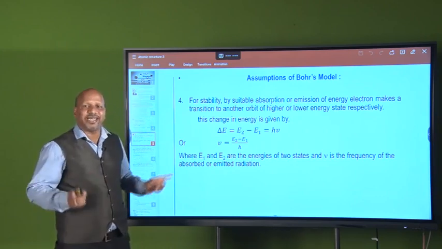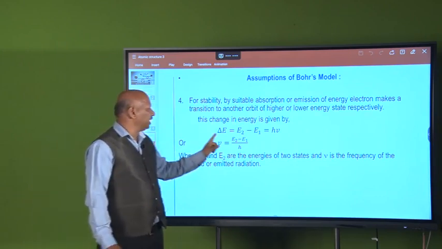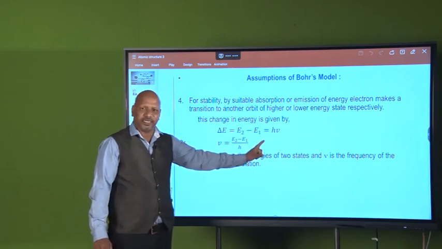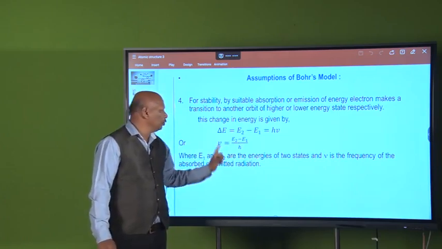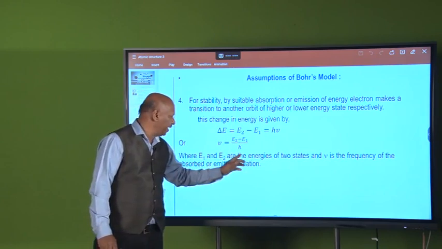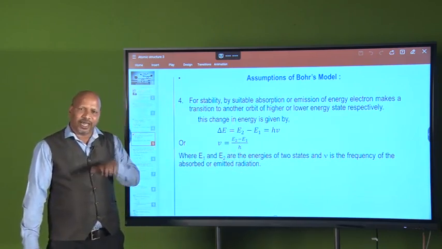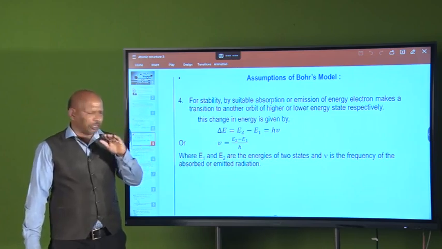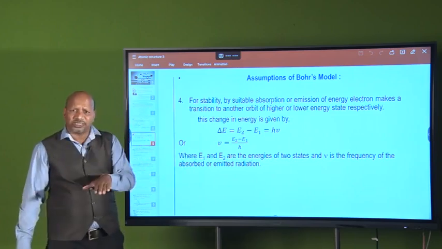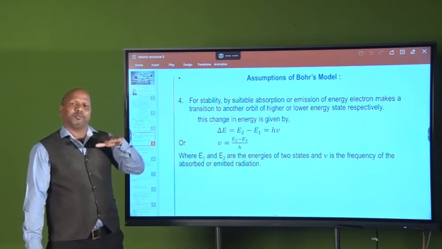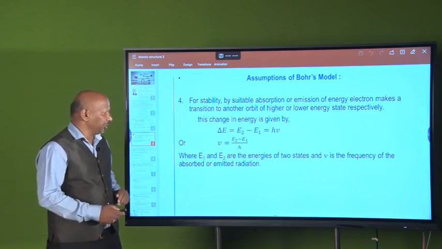The change in energy becomes delta E is equal to E2 minus E1, that is equal to h nu. So, nu is equal to E2 minus E1 by h. Here E1 is the energy of the lower state and E2 is the energy of the higher state.